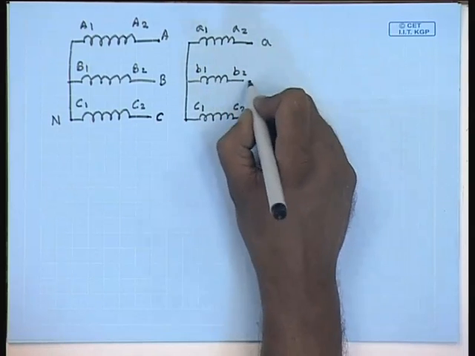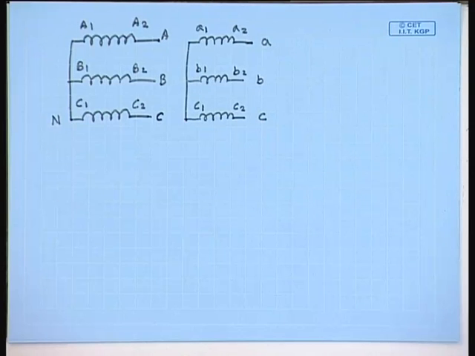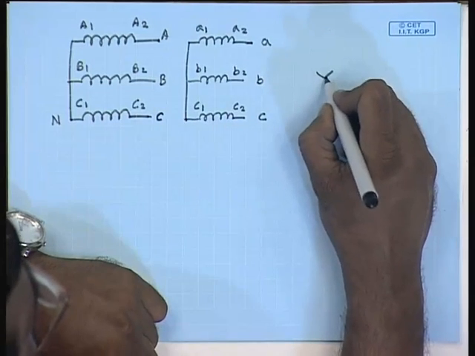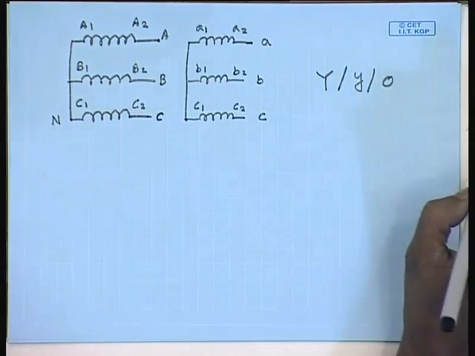So, this is A, this is B, this is C. So, this is what the connection Y 0 will look like.